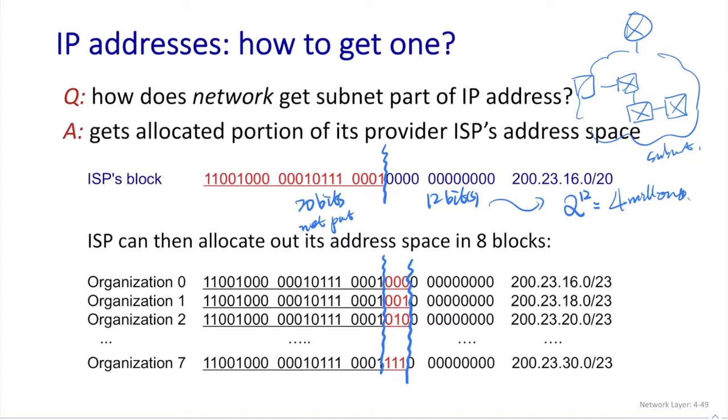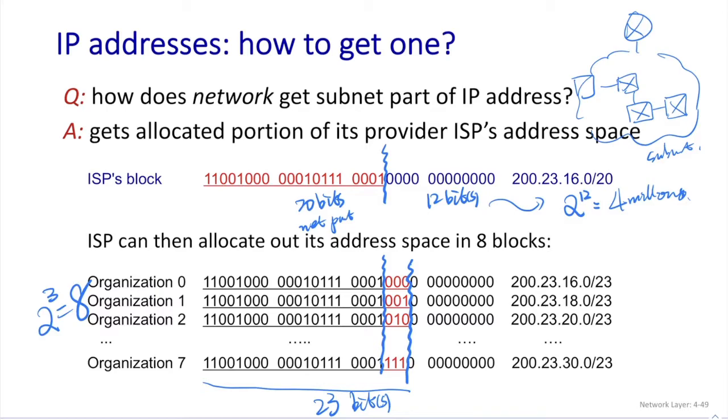So in this case, we have 23 bits to represent our network part. Again, the first 20 bits are all the same, so we have 3 bits that can be used to represent different unique network parts. We have 3 bits, so in total 8 different network parts can be used.